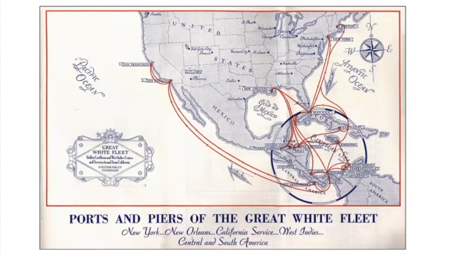United Fruit used its power to coerce Caribbean, Central, and South American governments to sign over huge tracts of land that the company cleared to build plantations. United Fruit also controlled railroad transport in Central America and a fleet of ships called the Great White Fleet.